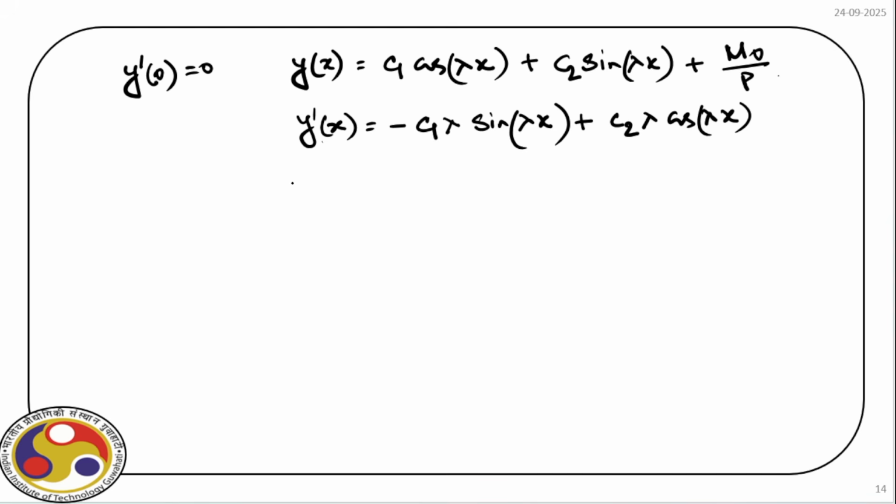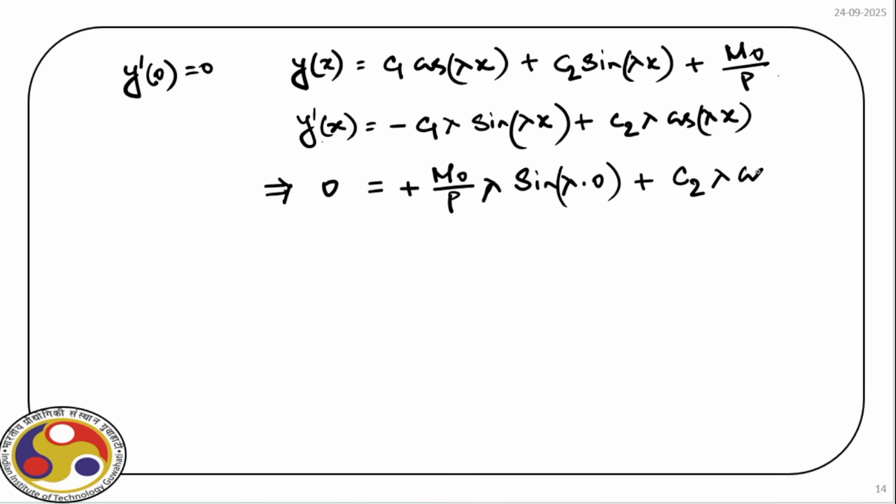Now if we apply the boundary condition, what we have is 0 is equal to minus C1 lambda sine lambda times 0 plus C2 lambda cos lambda times 0.